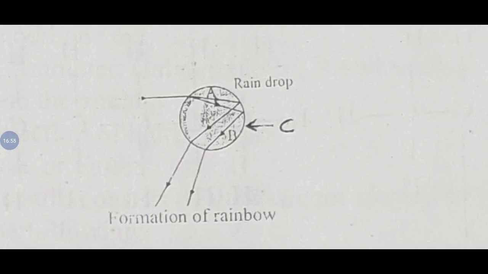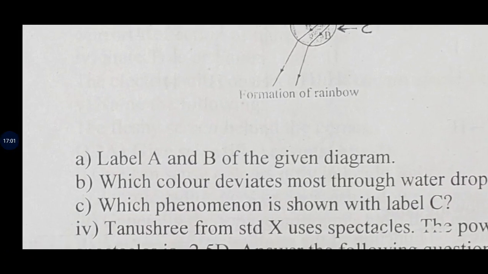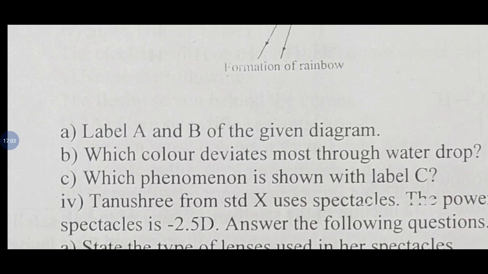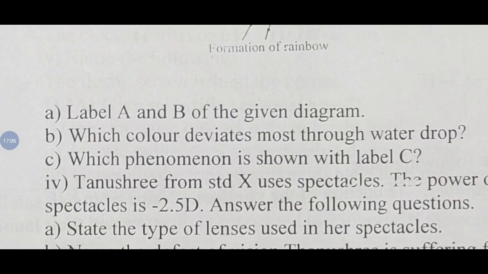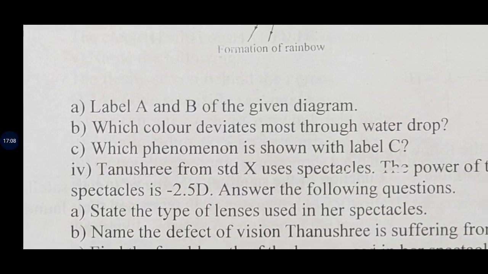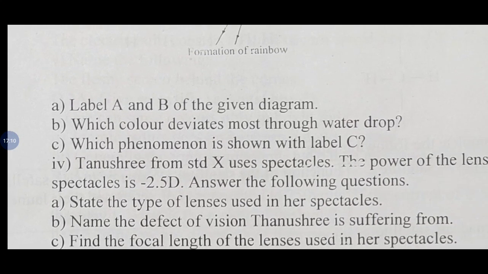This is the formation of rainbow. What type of phenomenon process occurs in that raindrop? That is the C label. So label A and B of the given diagram. Which color deviates most through that water drop, and which phenomenon is shown with label C. In this way you are writing the answers of this ABC. You are getting 3 marks.